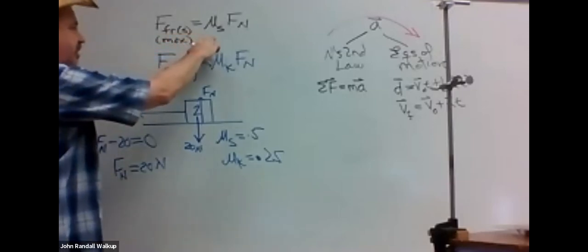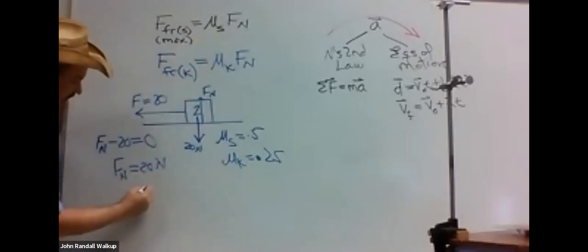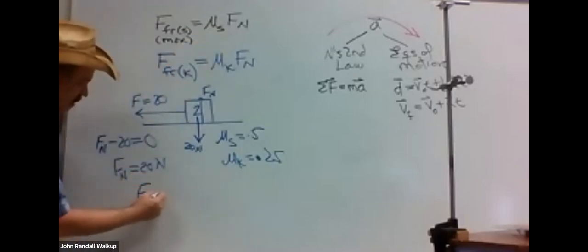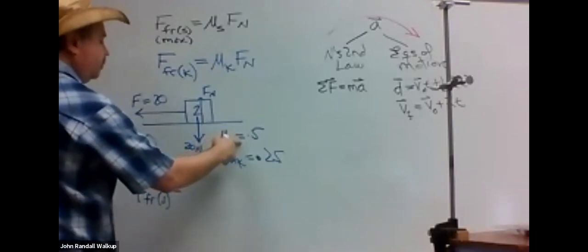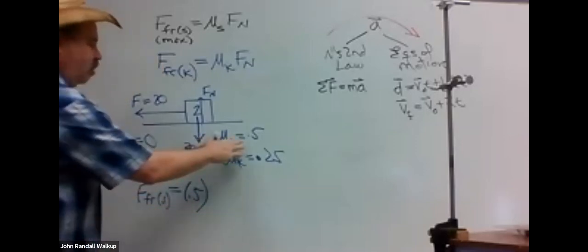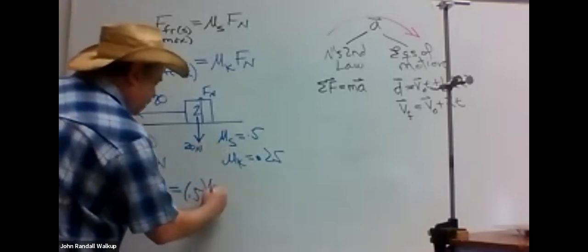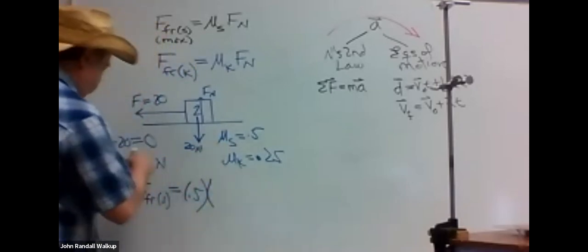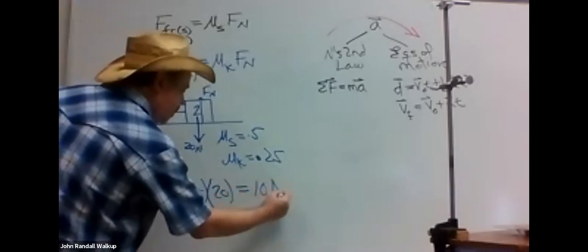This tells me how much friction is available, maximum available. So the force of friction in the static case is the coefficient of static friction, 0.5, times the normal force, 20, and that comes out to 10 newtons.